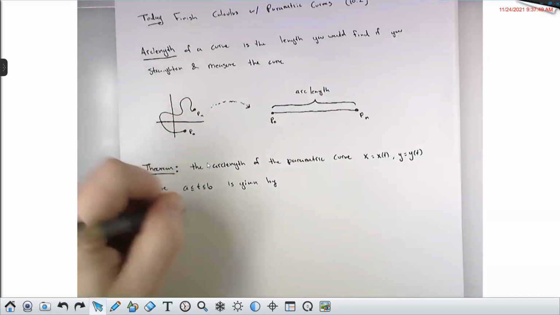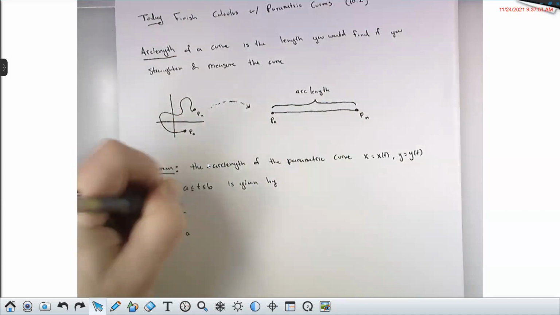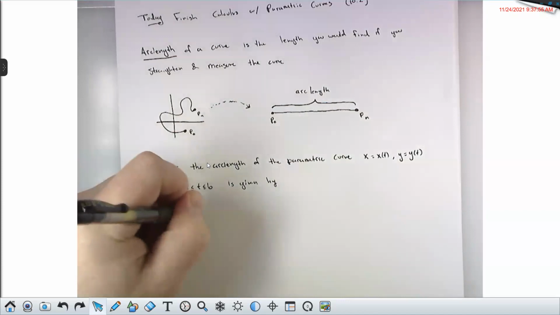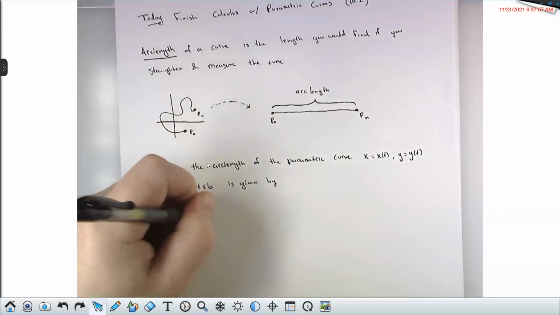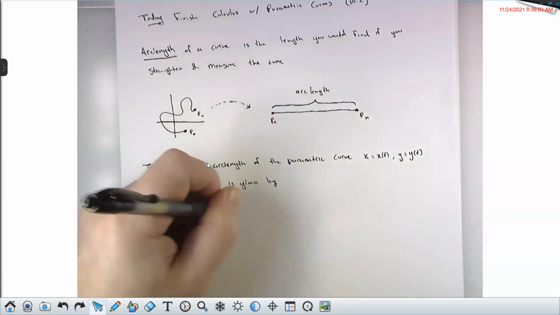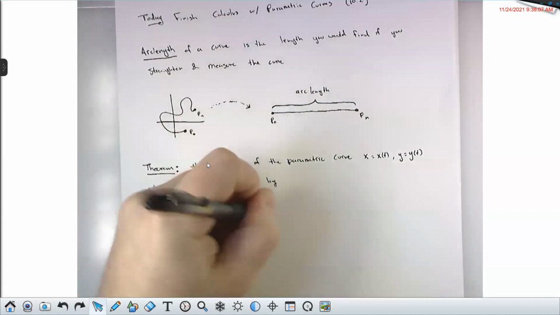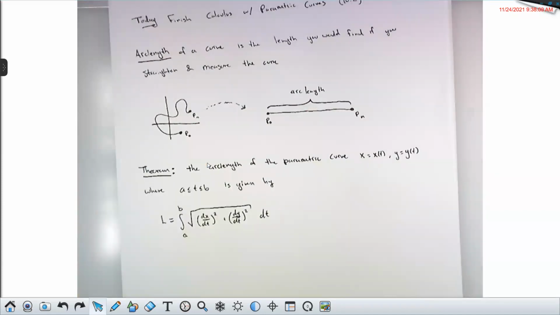The symbol your book uses is L. It's the integral from t equals A to t equals B of the square root of dx dt squared plus dy dt squared, all done dt.